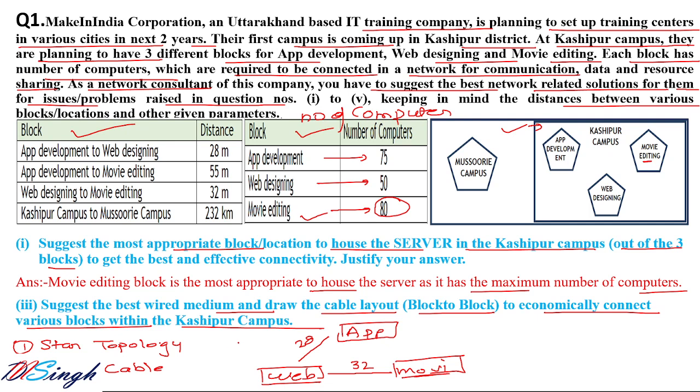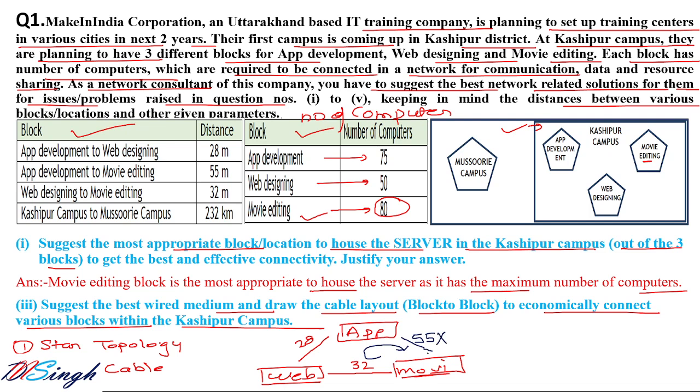Now what will the sum be? Because if we take app development to movie editing, what will happen? We are going to get a loop, and in our network we don't want to make a loop. So if we take this link, app development to movie editing, it will be 55 meters, and this is going to generate a loop.